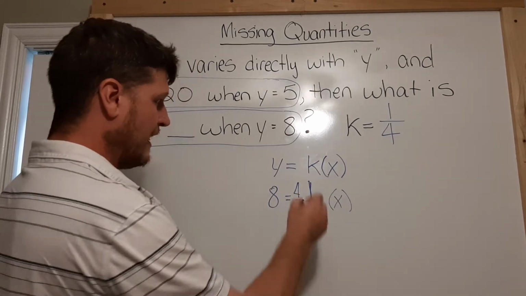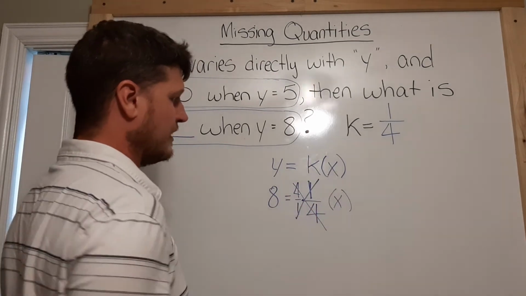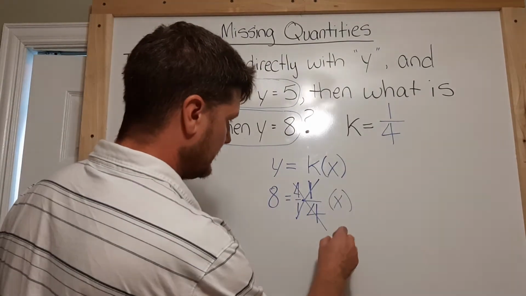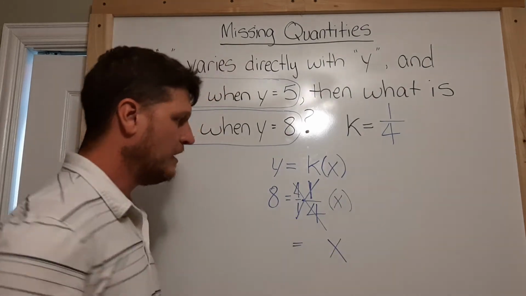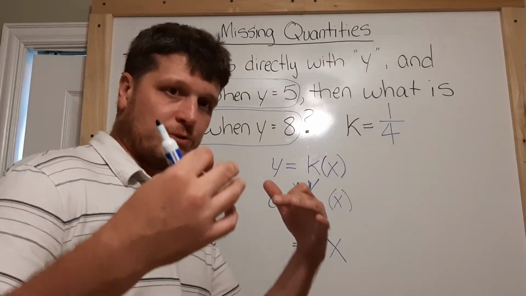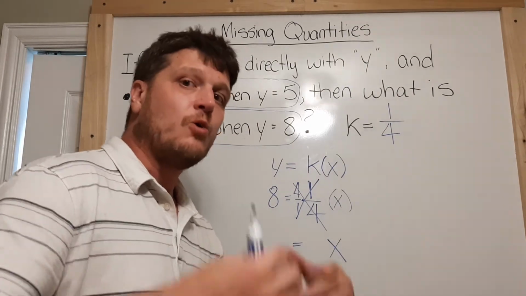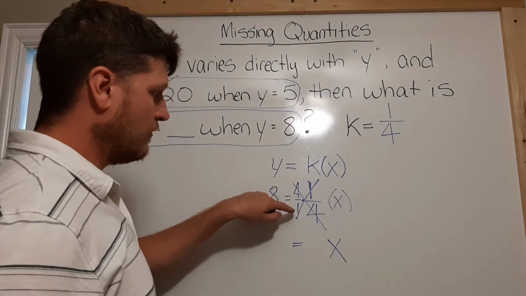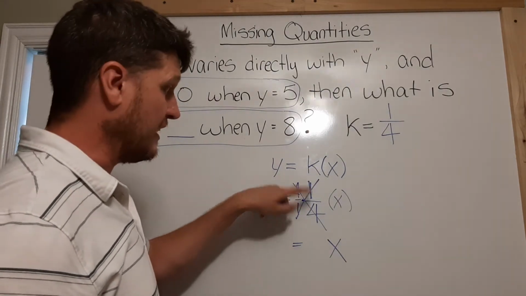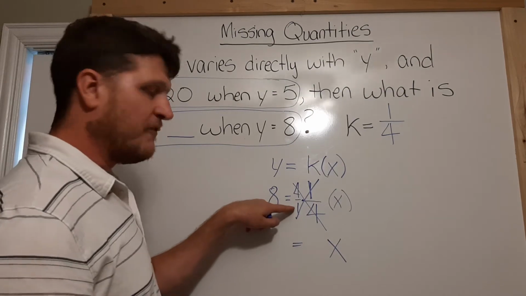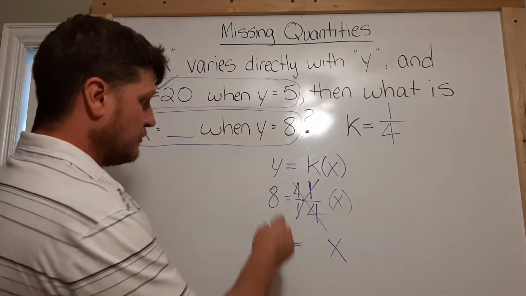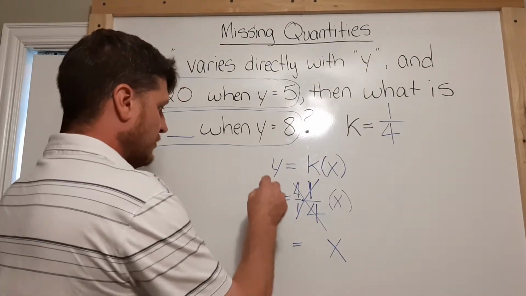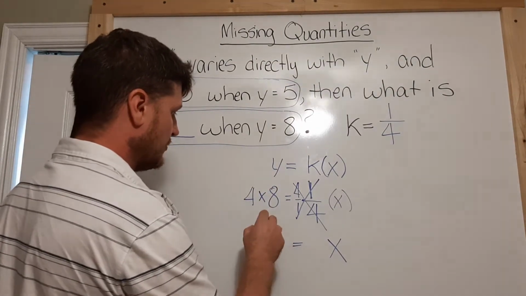When we do that, it cancels out here, cancels out there, and leaves x with us, x by itself. So we bring the x down, bring down the equal sign. But like I said, what we do on one side of an equation, we must do to the other side of the equation. So we multiplied by 4/1, which was the reciprocal, to cancel this out, or it's just 4. On the other side we multiply times 4/1, or just times 4. So it's 8 times 4, and it equals 32.